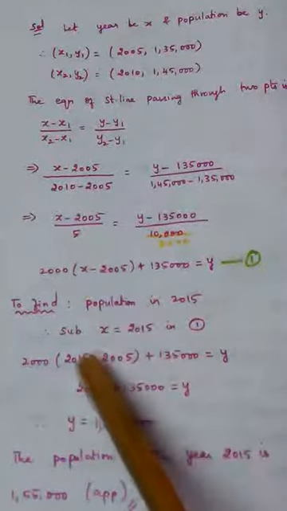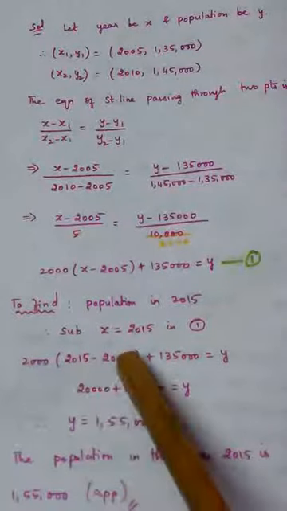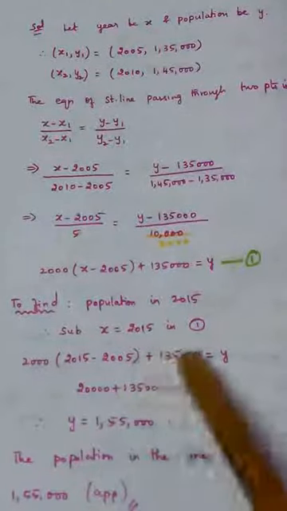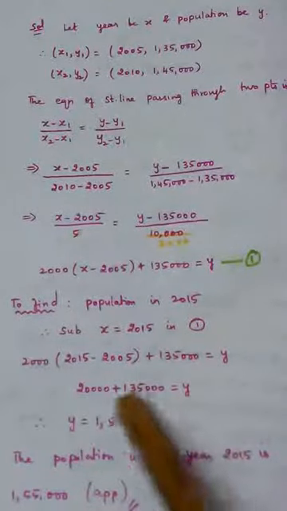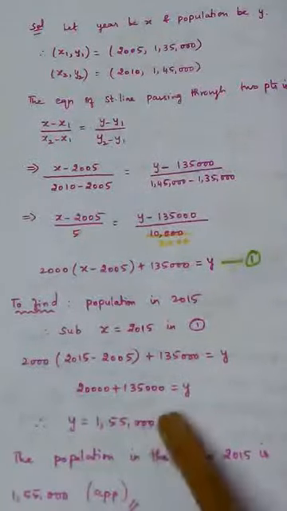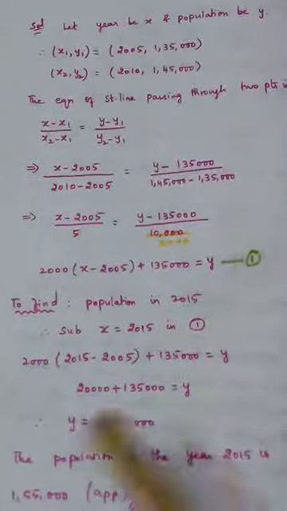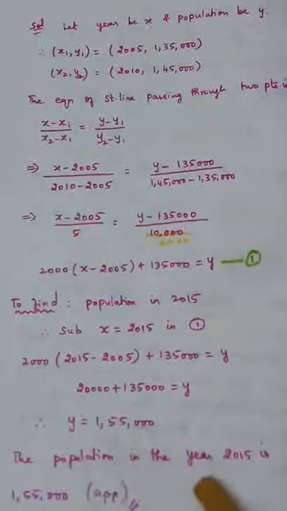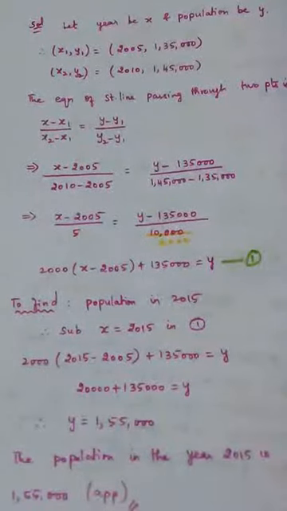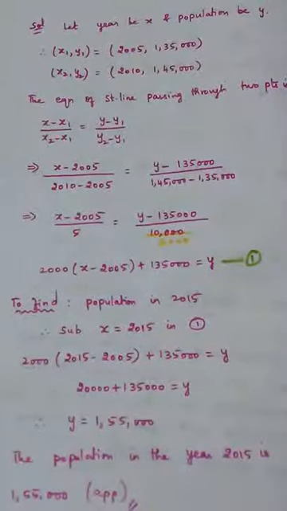So in place of x I am putting 2015. Subtracting becomes 10. 10 into 2000, 20,000 plus this equals y. When we add these two, it becomes 1,55,000. Therefore, the population in the year 2015 is approximately equal to 1,55,000.